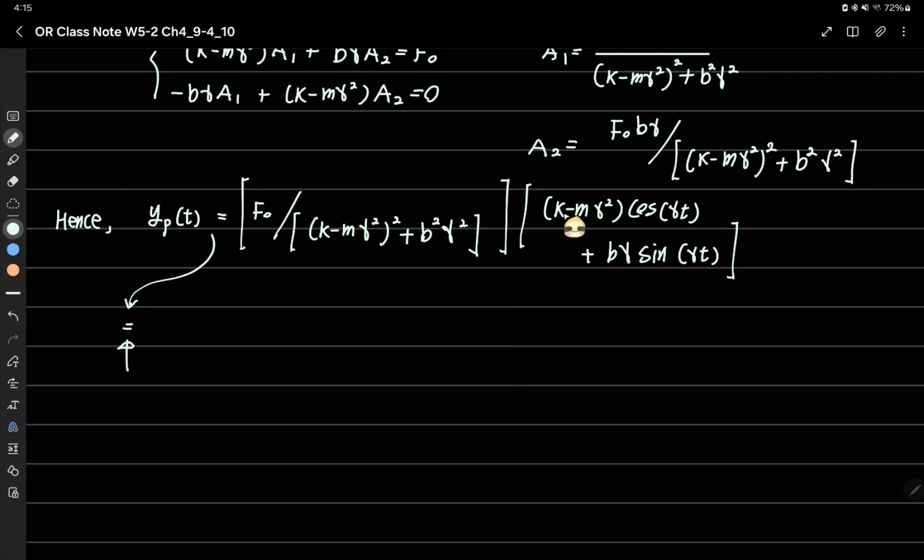Considering this one, say this is C1 and this is C2, then when we combine them we get the square root.